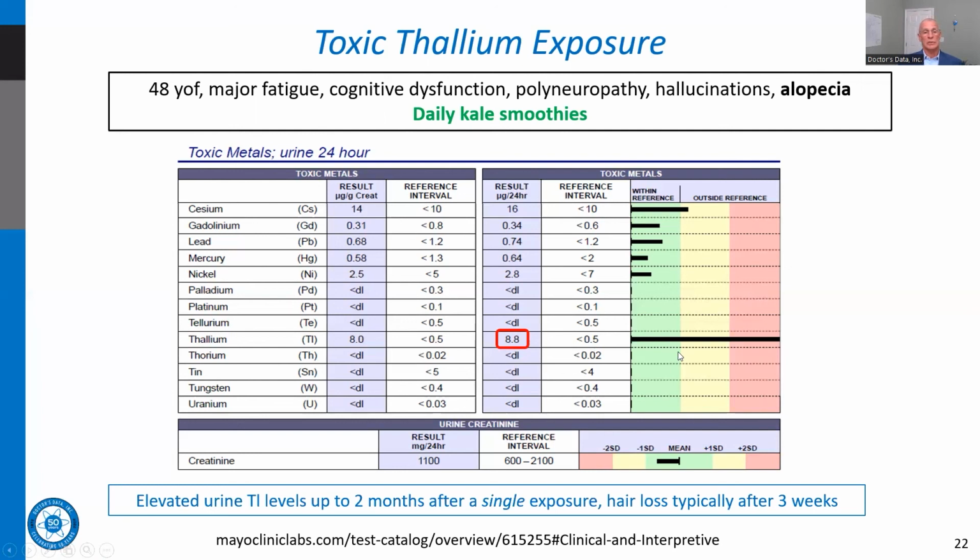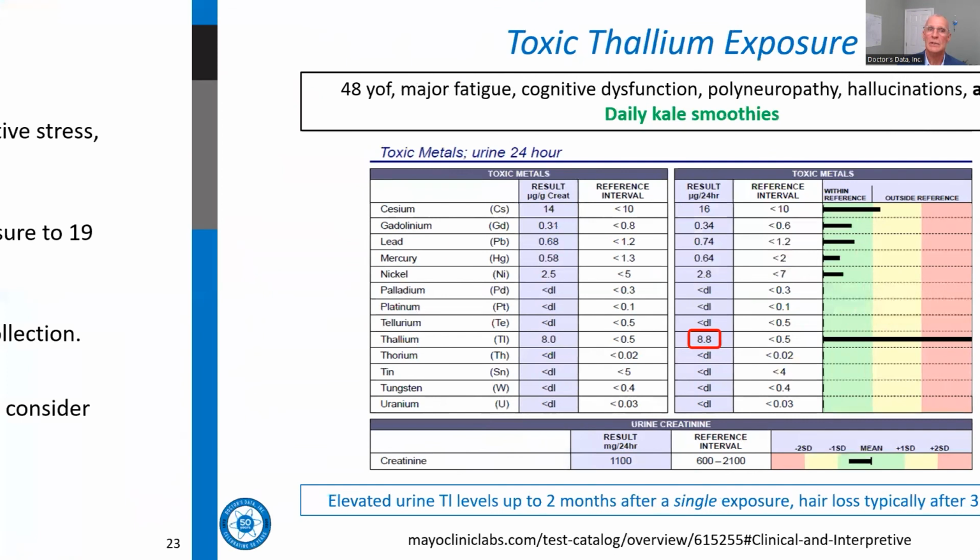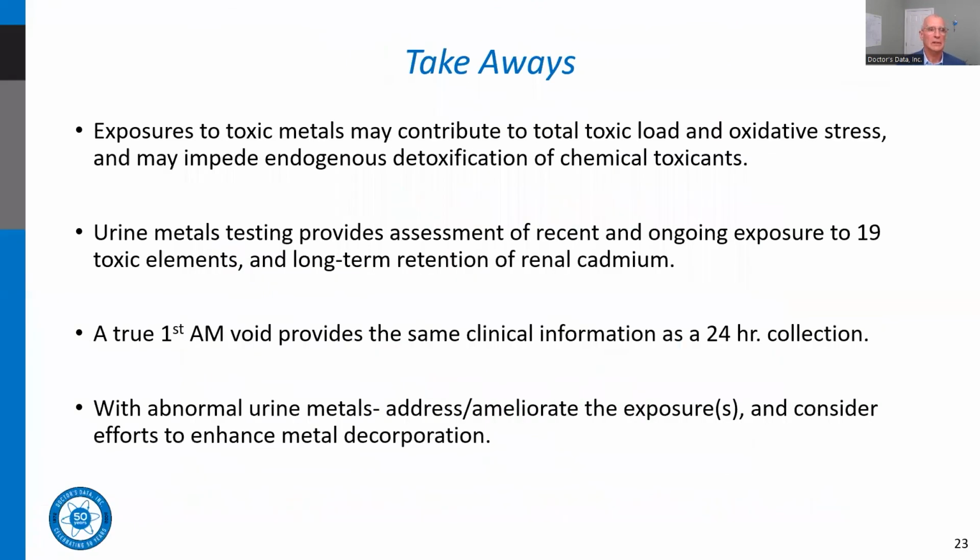Elevated thallium will show up for 30 to 60 days after a single exposure, which is rare. And the hair loss typically occurs about 3 weeks after a primary exposure. So to wrap things up, my takeaways are really quite simple.